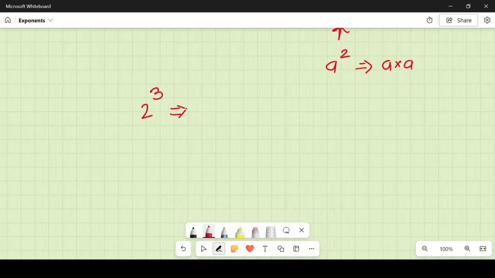So after expanding 2 to the power of 3, it will look like 2 multiplied by 2 multiplied by 2. It would be 8. Now we know what exponent is and how it works. Let's see some properties of exponent.